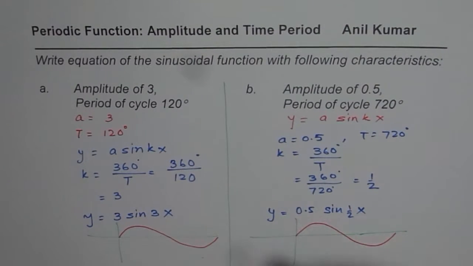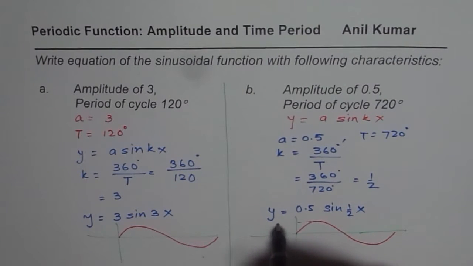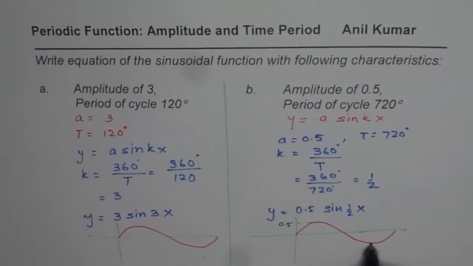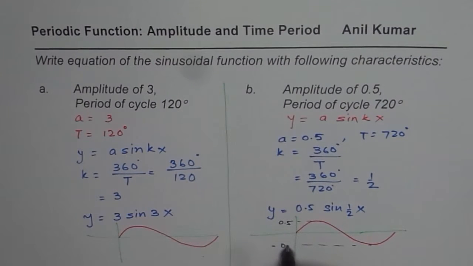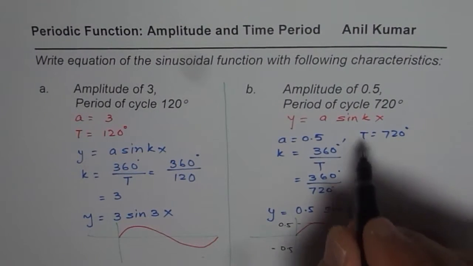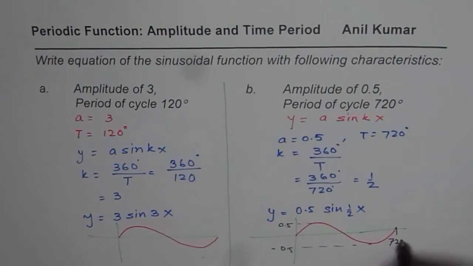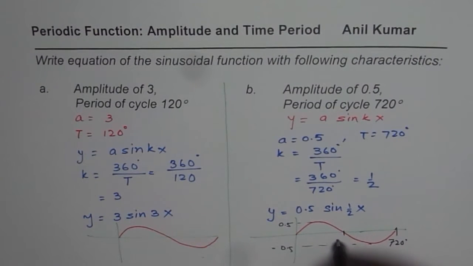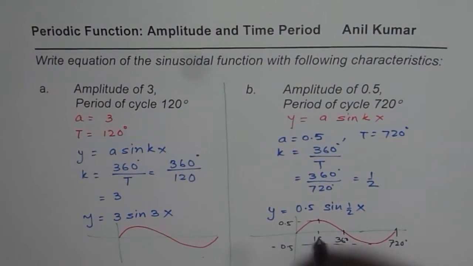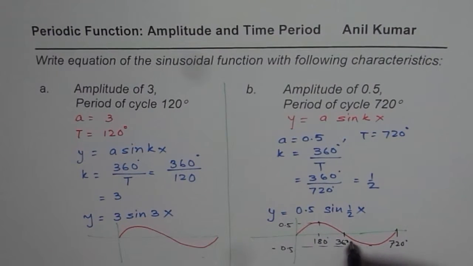So what we have here is the maximum value of 0.5, minimum value of minus 0.5, and time period of 720 degrees, correct? So that'll be 360 for us, right? Half of 360 will be 180 degrees, and then you can have 3 times 180, which will be 540 degrees, correct? So that is how the function is.